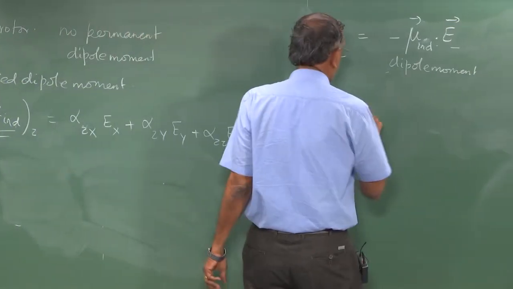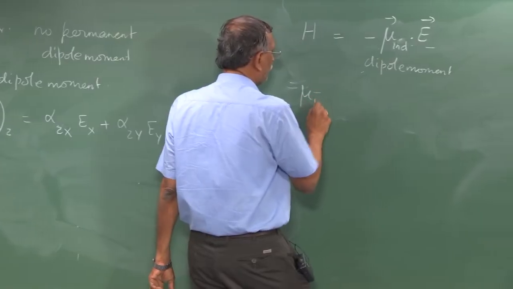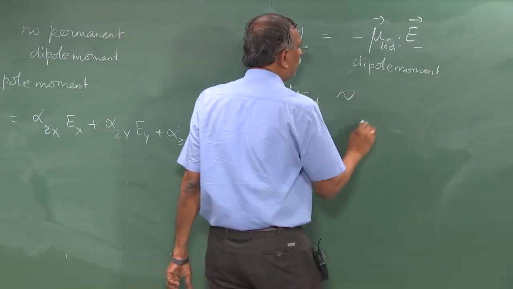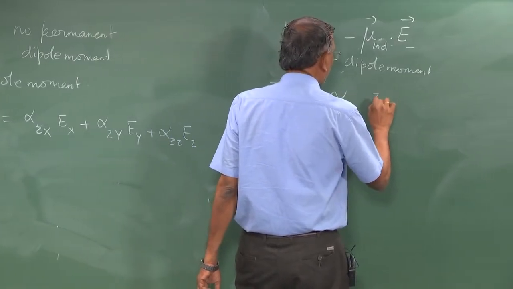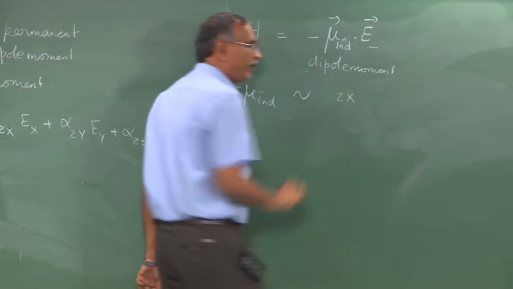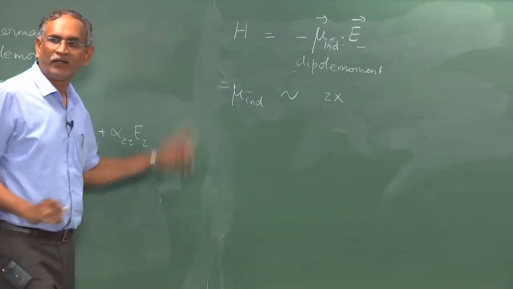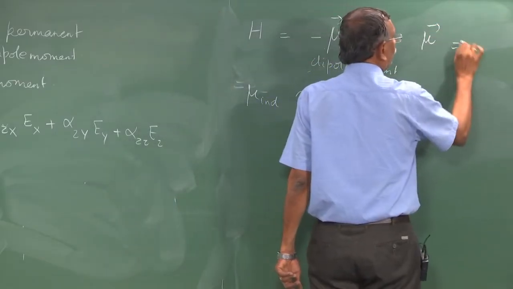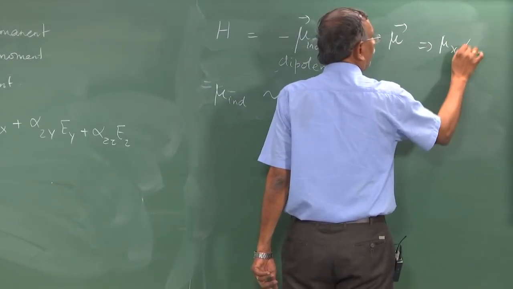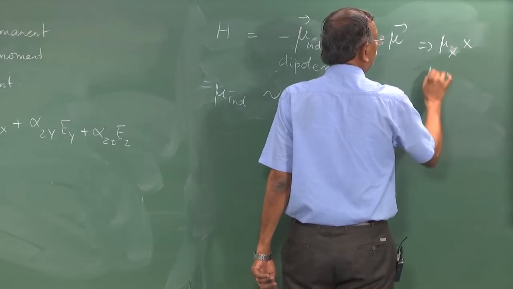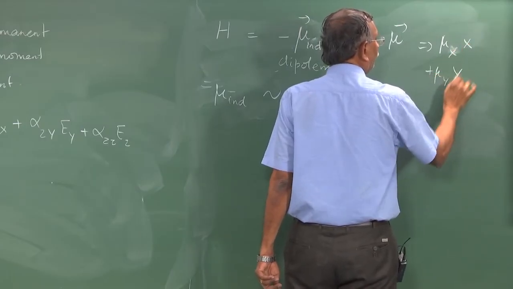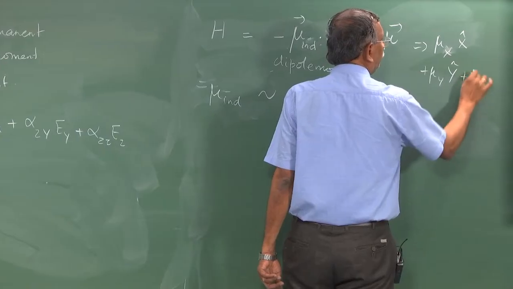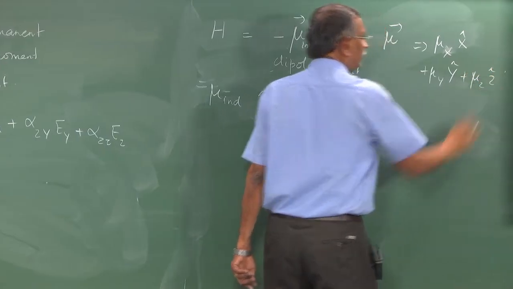So mu induced is like the molecular property of a coordinate z and a coordinate x. Earlier, the mu in microwave spectroscopy was simply mu x of x plus mu y of y plus mu z of z, okay.